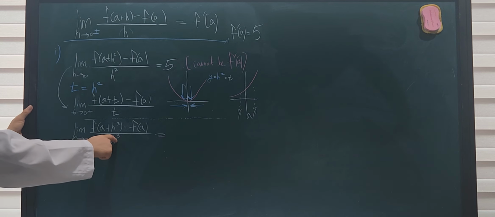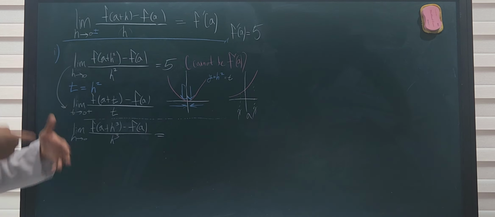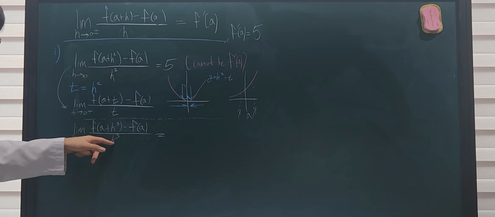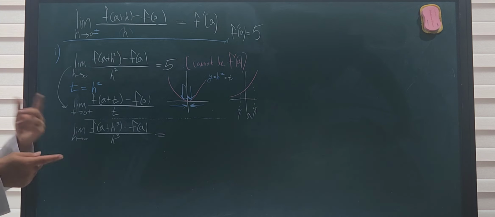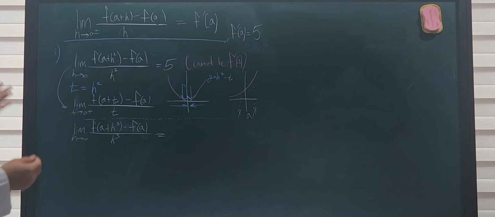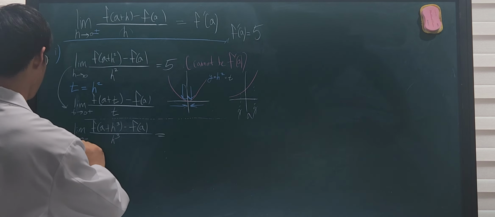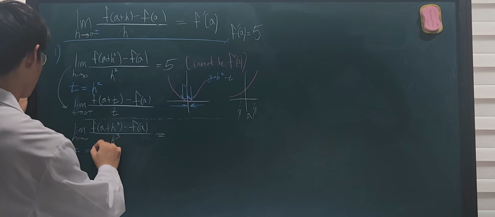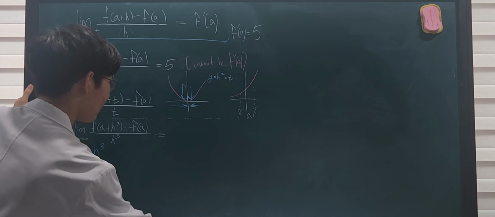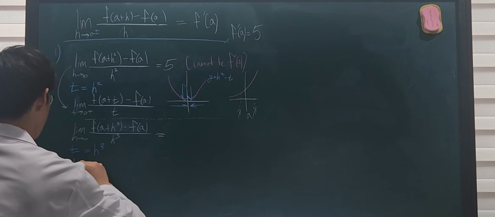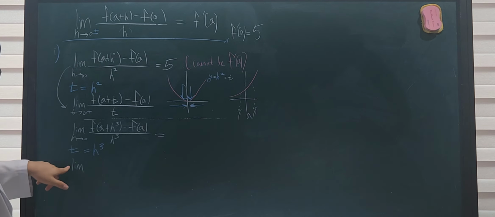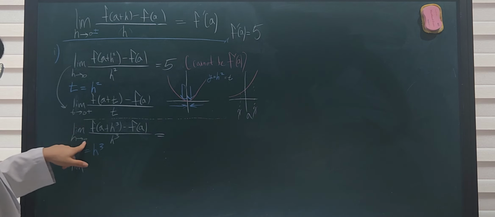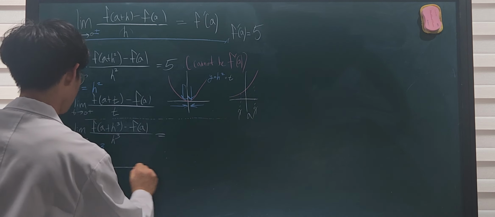Since the cubic is a little complex to us, let's use the process of substitution to substitute this artificially into terms of a variable with a power of 1. So just like the first question here, let's use the variable t equal to h cubed. And then, if we represent it here again, I don't know what t will approach as h approaches 0 from both the positive and the negative side. So I'll leave this for a second.